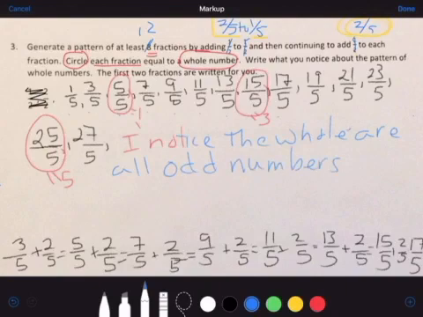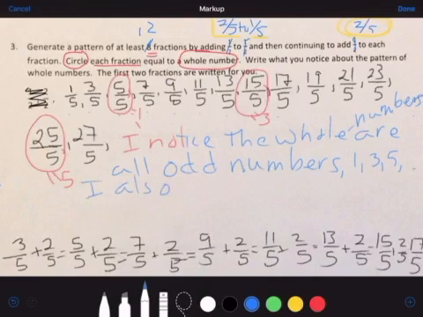Oh, look at that. I forgot the word numbers. Sorry. I notice the whole numbers are all odd numbers. And then I'm going to make sure the teacher knows what I'm talking about. 1, 3, 5, right? Period.